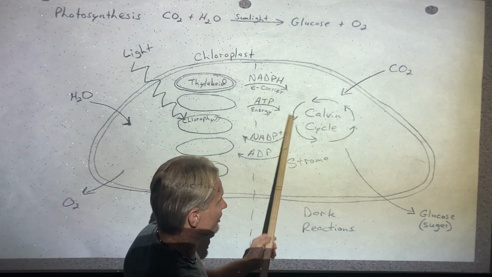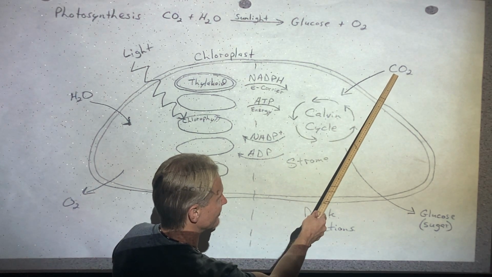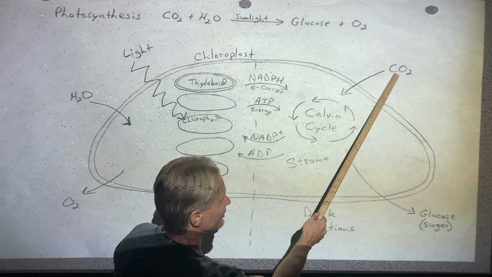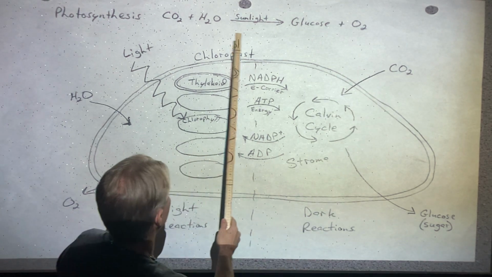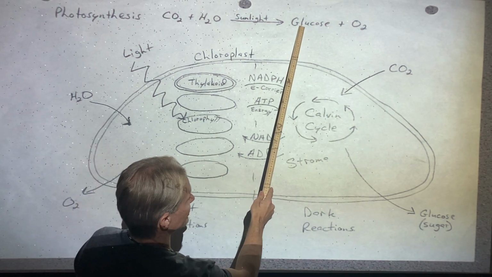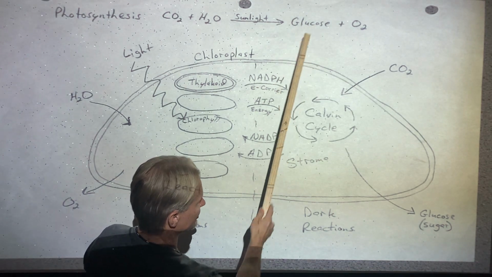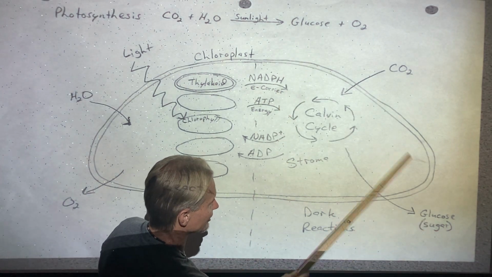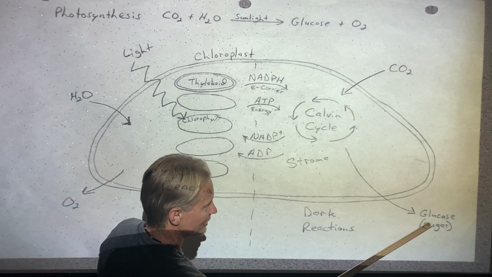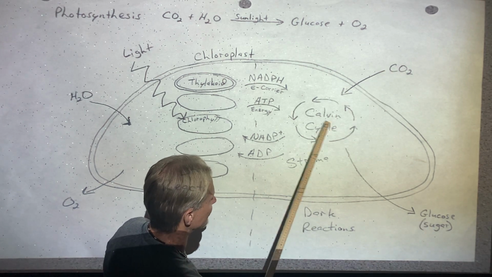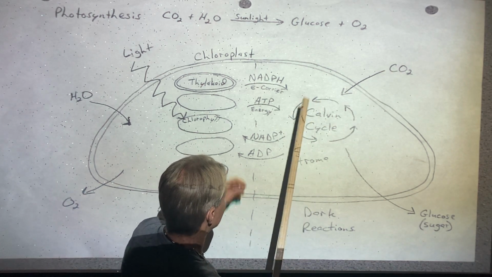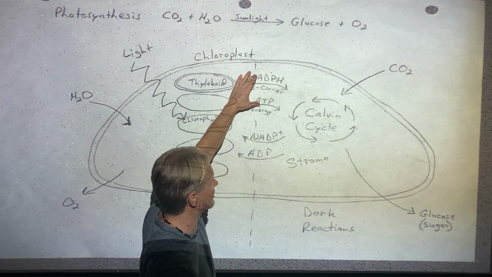This cycle runs and it uses carbon dioxide and it strings together the carbons out of this to make C6H12O6, the sugar. It's going to spit out sugar when it's done. So it's taking the carbons from this to make sugars. When this cycle moves through, it's going to deplete both of these. It's going to use them.